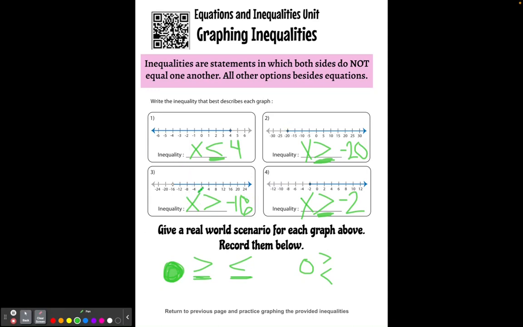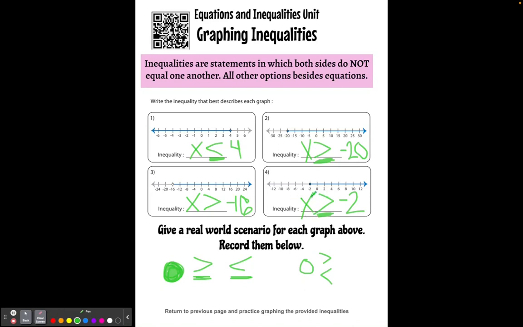This X is greater than -16. This means all the numbers that I graphed, all the numbers with the blue above it, are greater than -16. Okay. I'm not including -16 though, because it's not filled in. It's just any number that is greater than that.